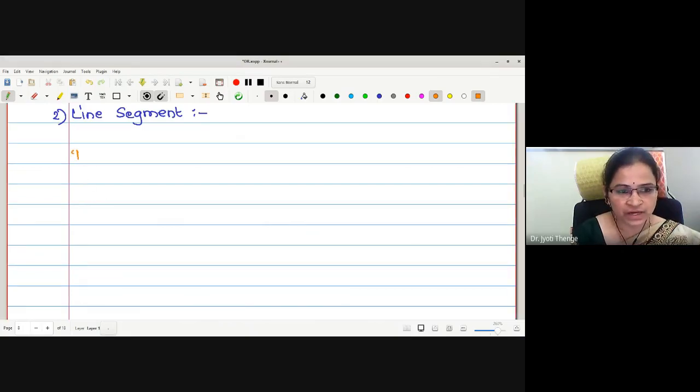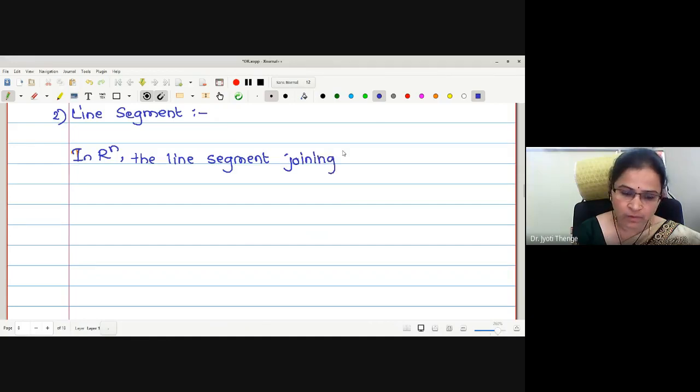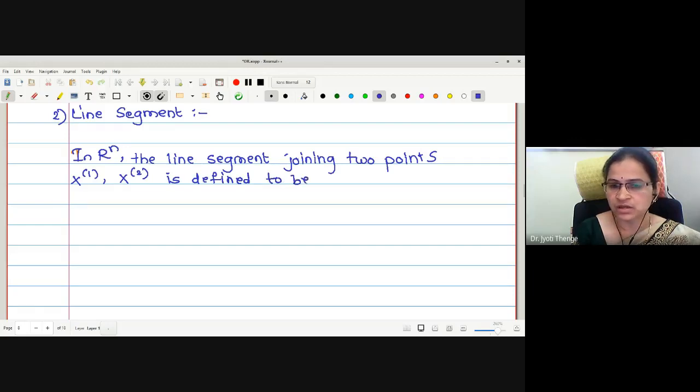Therefore, again I will write: in Rn, the line segment joining two points x1, x2 is defined to be the set of points.